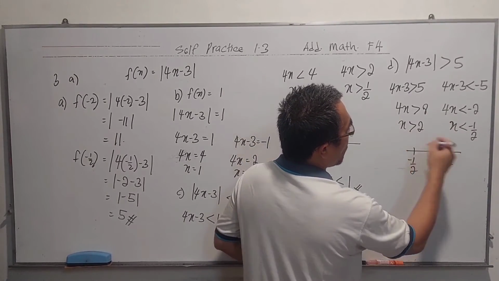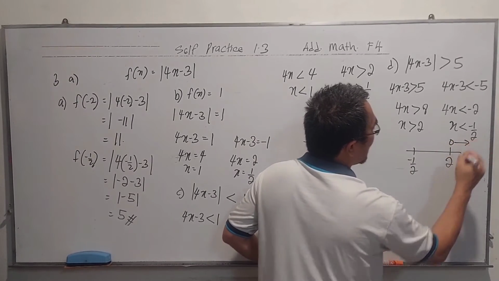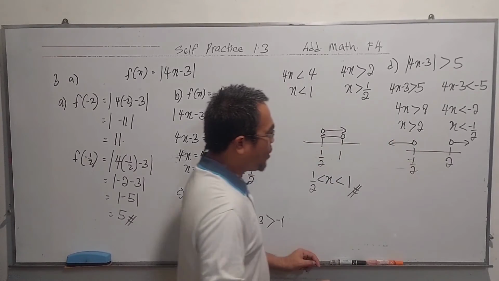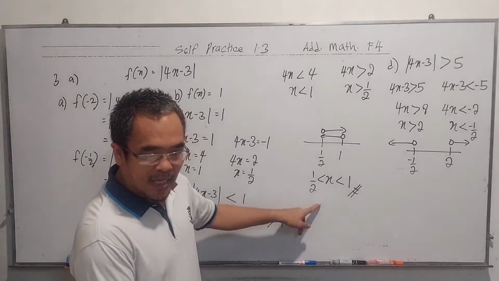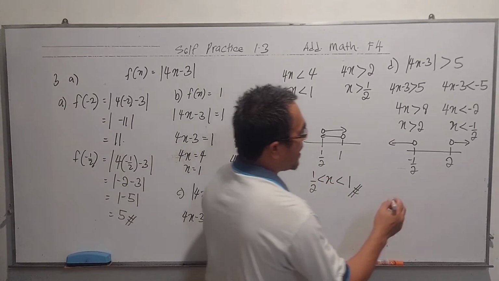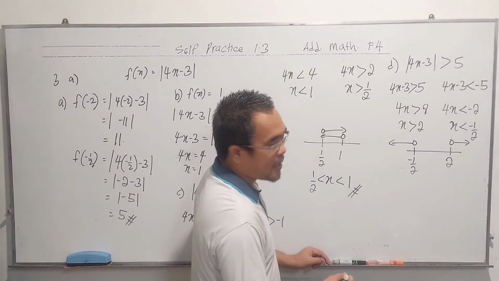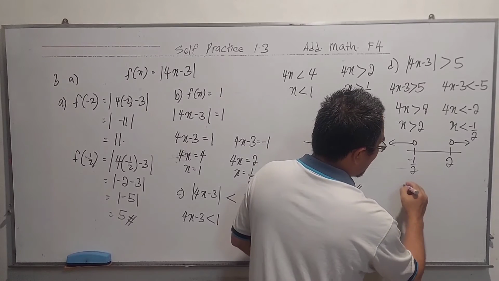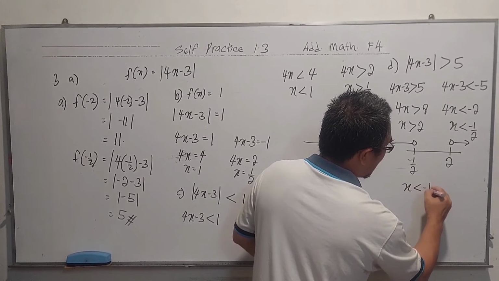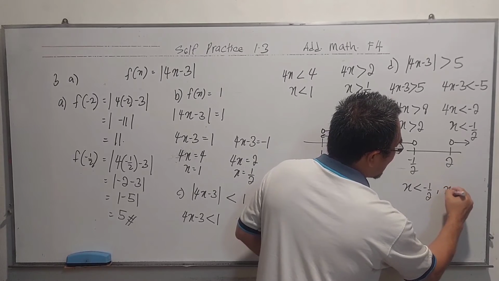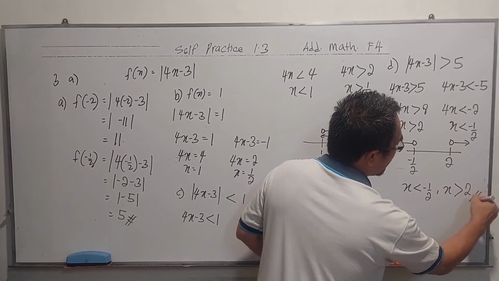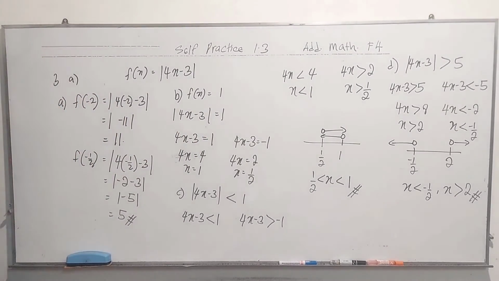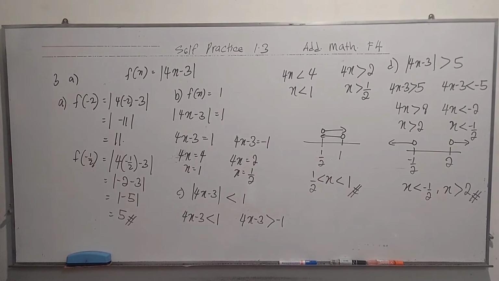So we have more than 2 going to one side, less than -1 over 2 going to the other side. This is different from being between, this is just like quadratic inequalities, so we have to say it like this: x is less than -1 over 2 and x is more than 2. Okay, look at the answers and do let me know in case you need further clarification.